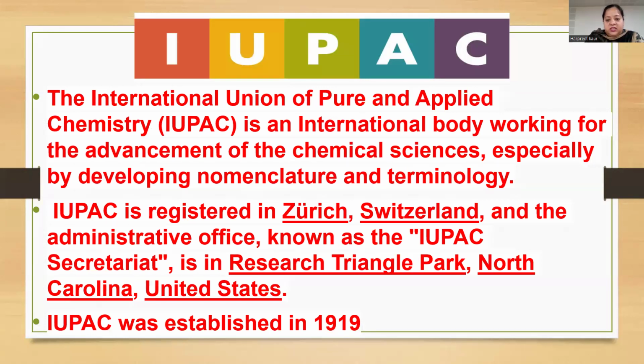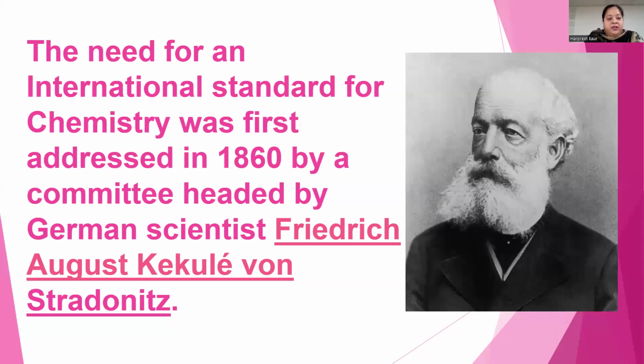IUPAC is registered in Switzerland, and the administrative office, known as the IUPAC Secretariat, is in the Research Triangle Park, North Carolina, US. IUPAC was established in 1919, but the need for an international standard for chemistry was first addressed in 1860 by a committee headed by the German scientist Friedrich August Kekulé.